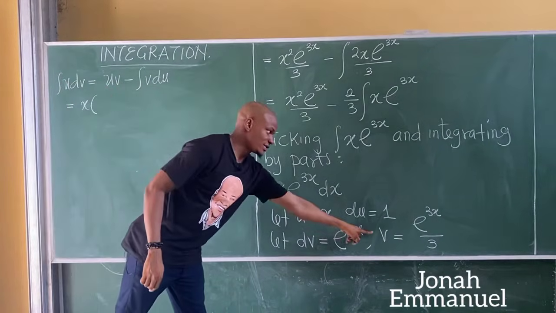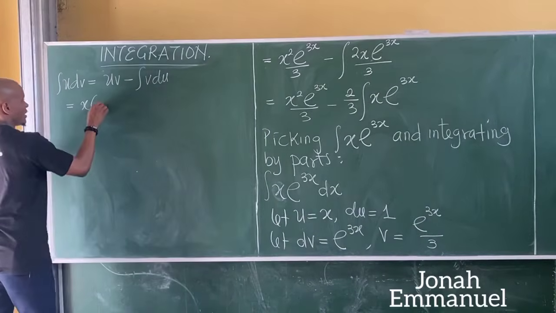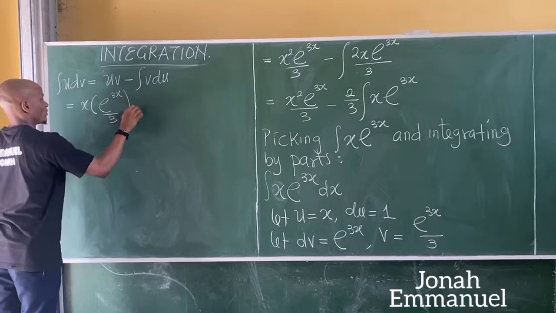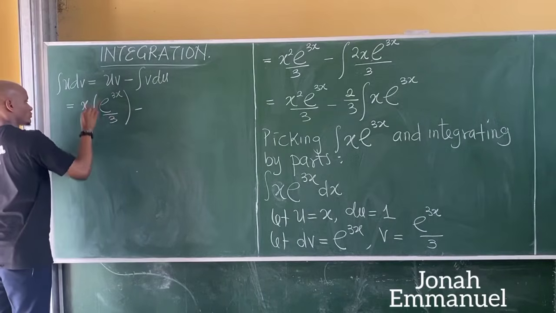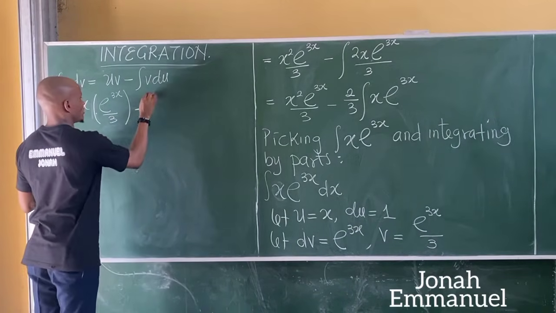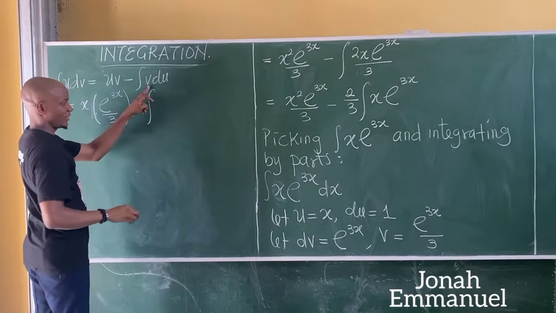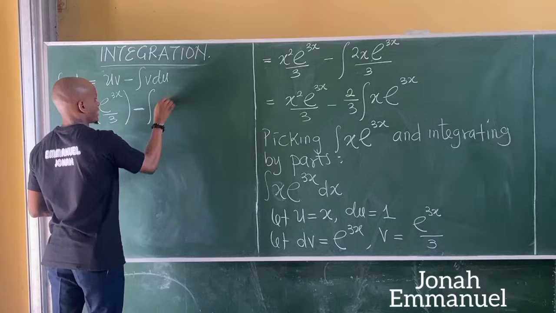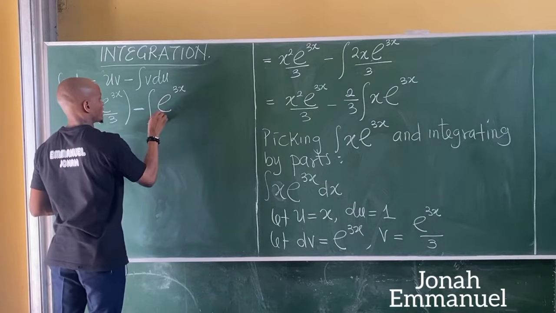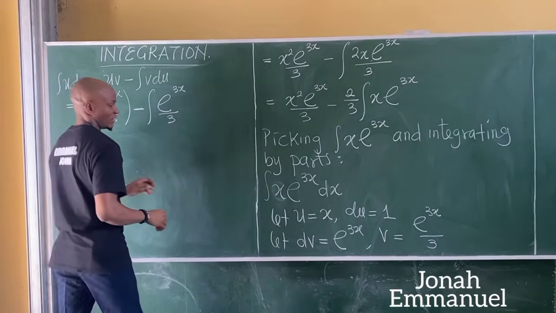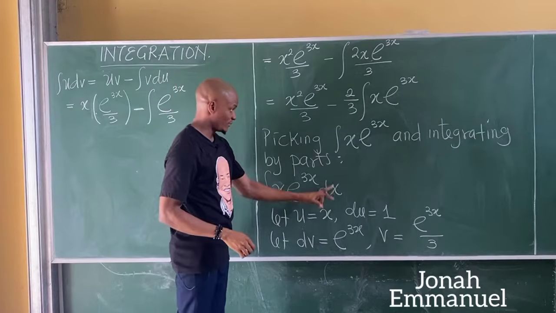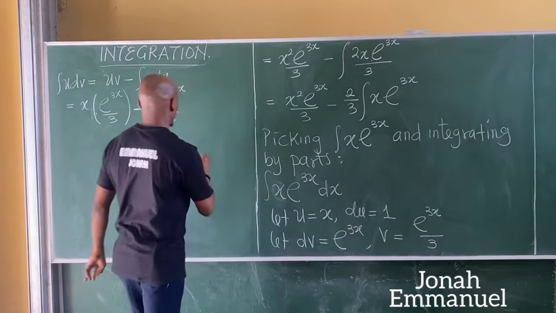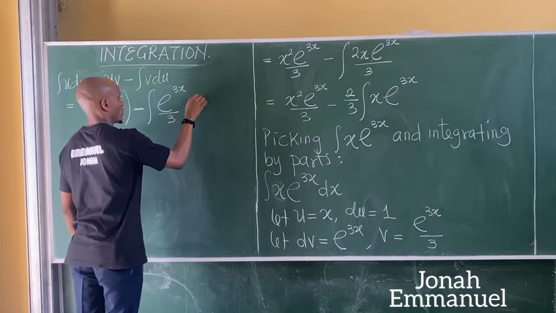The value of v here is exponential 3x all over 3 minus the integral of v, in value is this, exponential 3x all over 3 times du. The du in value is 1, so times 1, yeah?